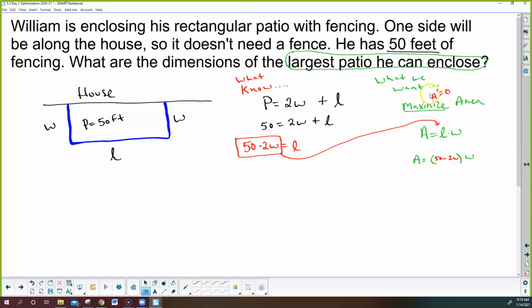Now notice, my goal is to take the derivative of the area because that's what we want to be maximized, but let's make this friendlier before I do that. You can always use algebra to simplify your derivatives or your equations before you take the derivative. So distribute the W. Now it's really quick.